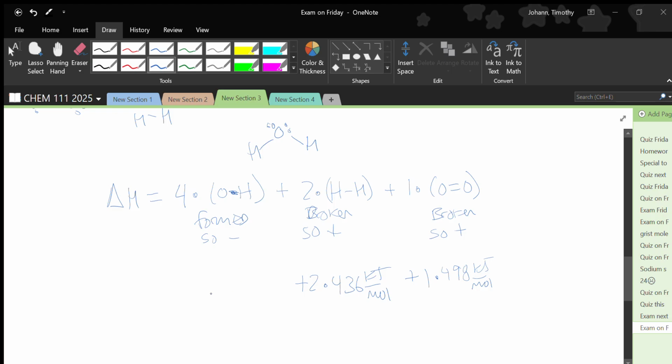So it's going to be 460 kilojoules per mole times 4, and then we make it negative because they're formed. Okay, you could have made it 4 times negative. Actually, let's do it like that because it's actually 4 times a negative energy released, right? And then over here, it's a positive and a positive.